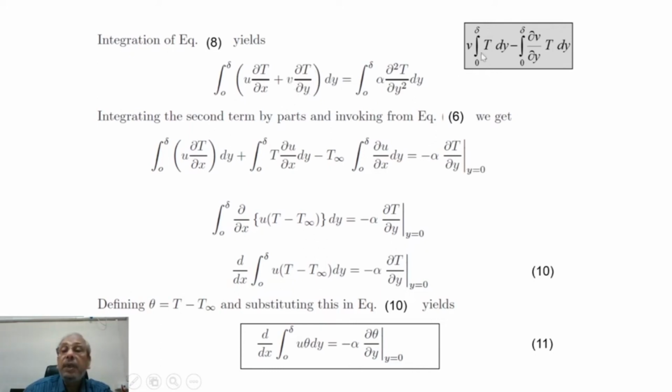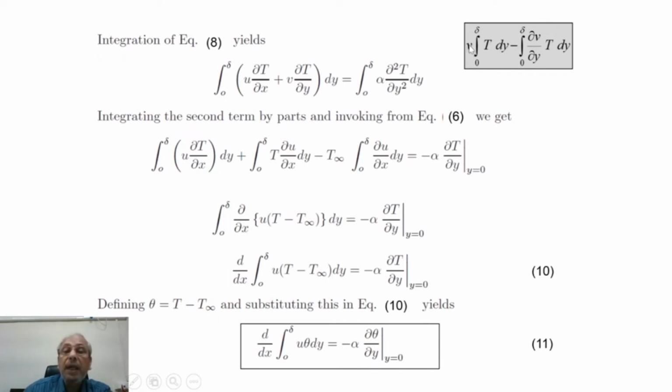Here we write first function into integral of second function dy between 0 to delta, minus the derivative of first function del v del y into integration of second function, and this together is integrated between 0 to delta.